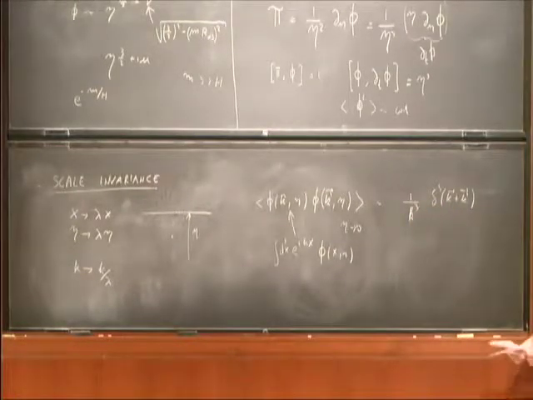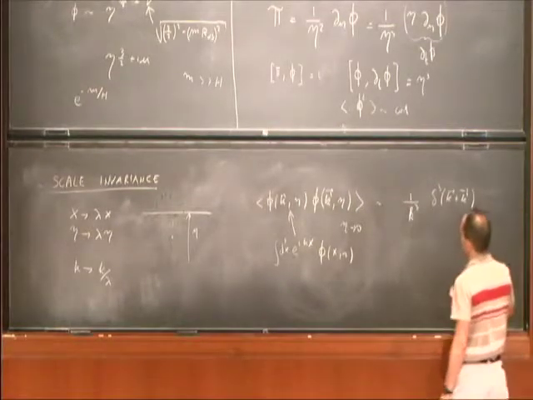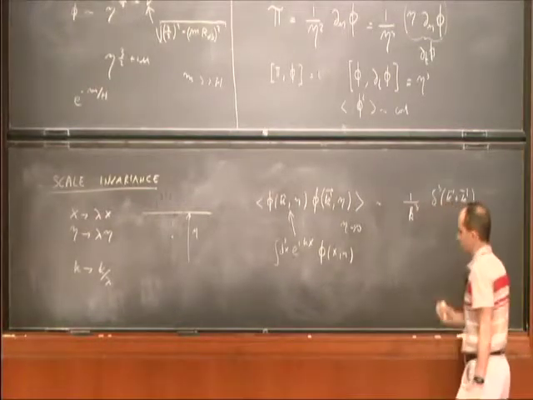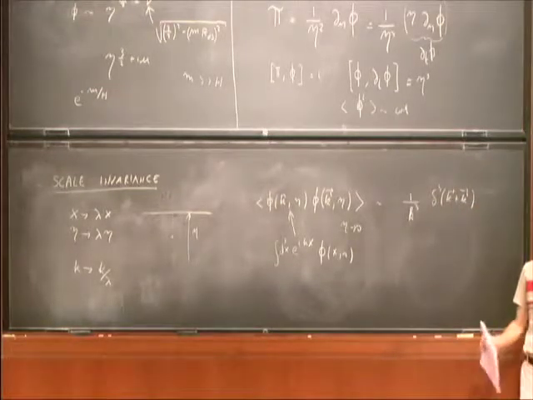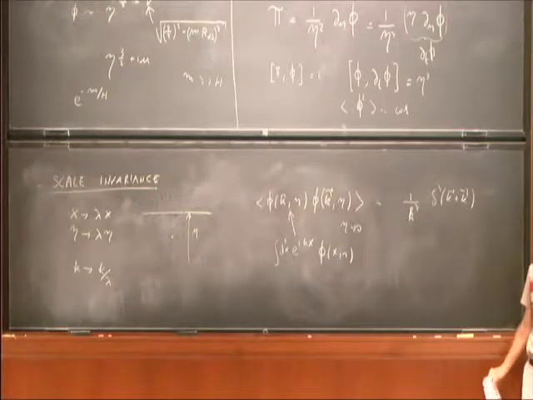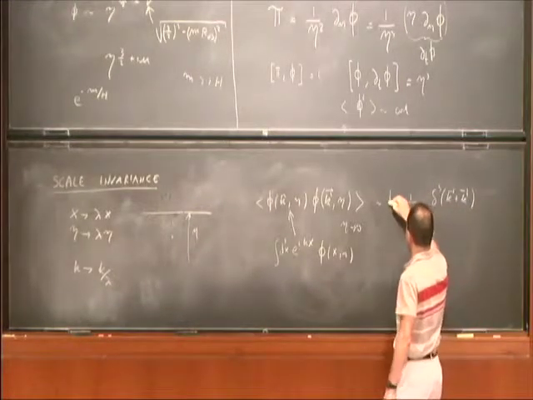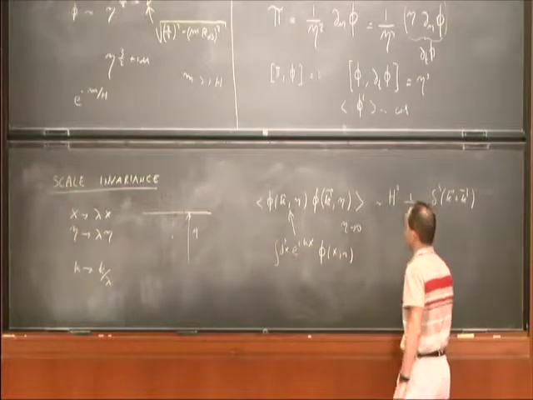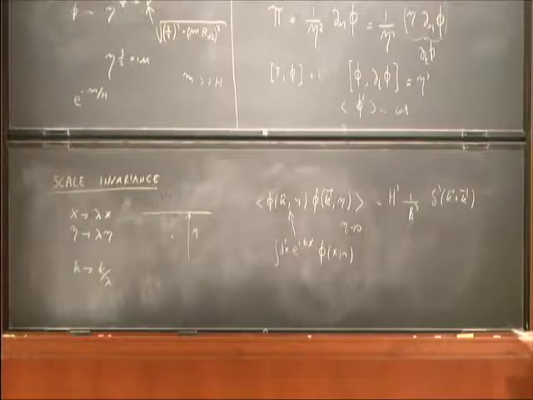Okay. So this is the scale invariant answer, and so we could have written this down based on symmetries without solving any of the equations. Of course, by solving the equations, we also got the right coefficient in front, which is h squared.